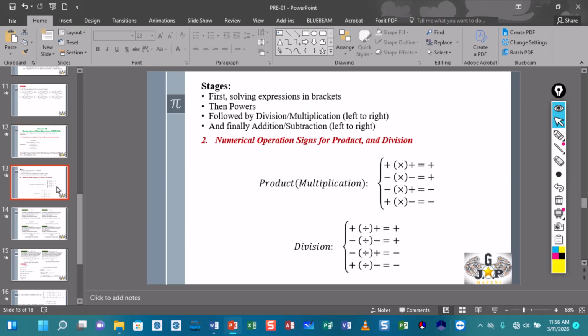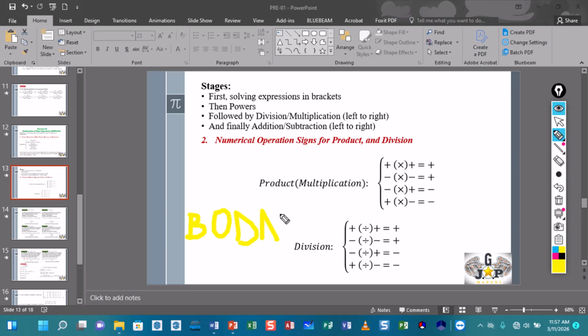So these are now the stages of how to solve BODMAS. First, solving expressions in brackets. So you start with the bracket, because we have it here, BODMAS, written like this.